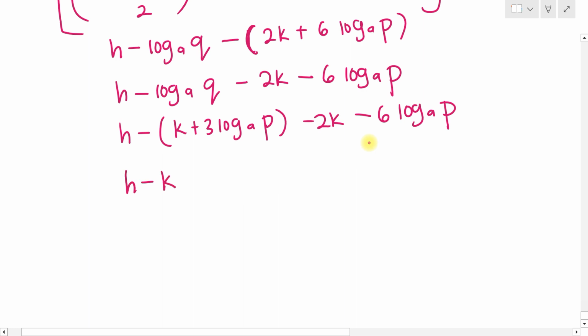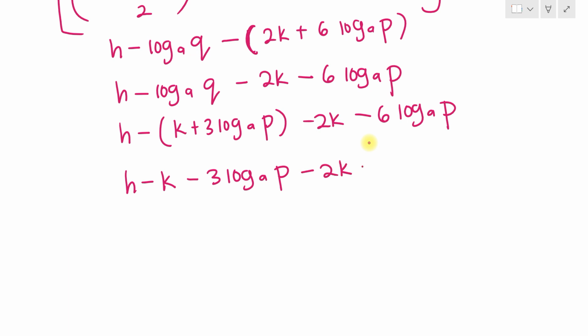Minus K minus 3 log a P. Okay, and then minus 2K minus 6 log a P. Okay. H is here.